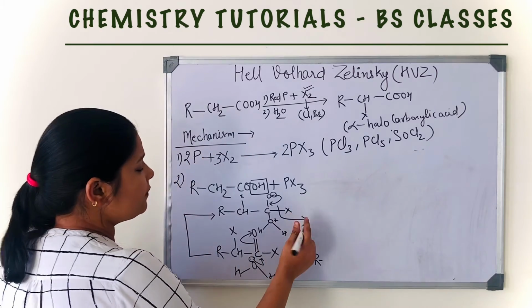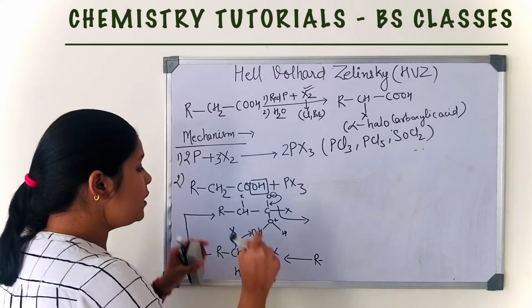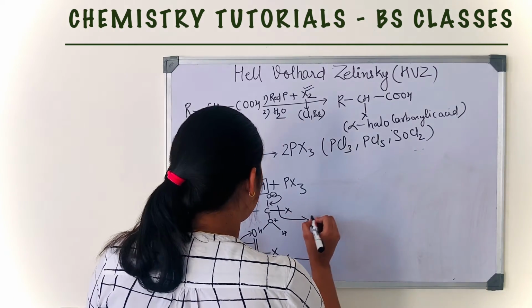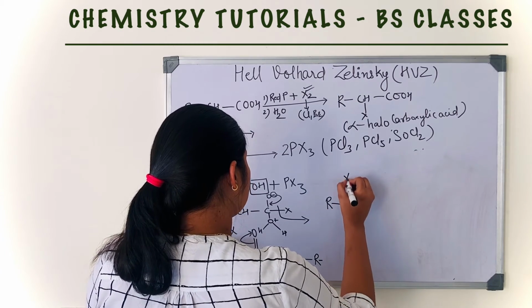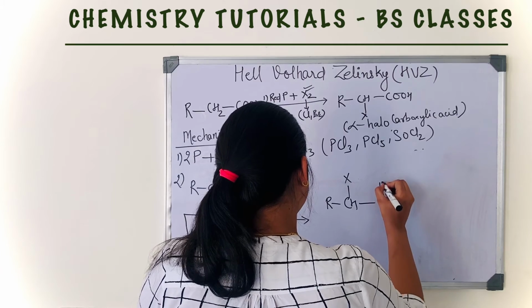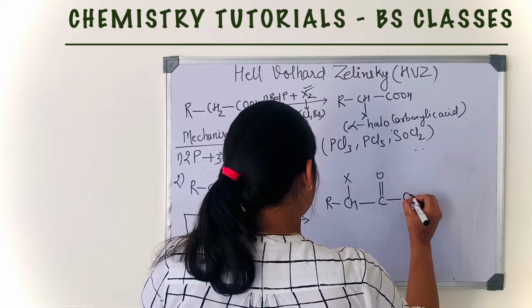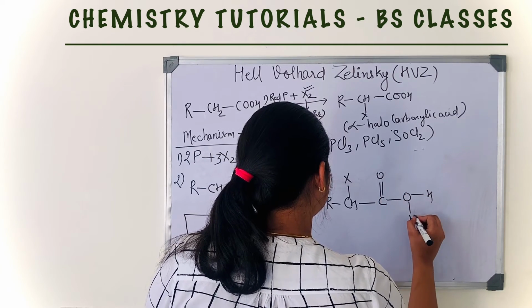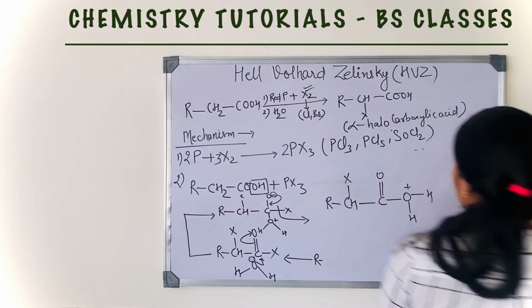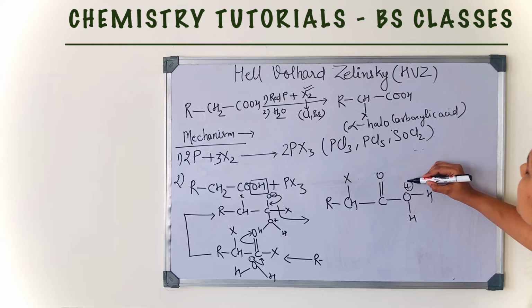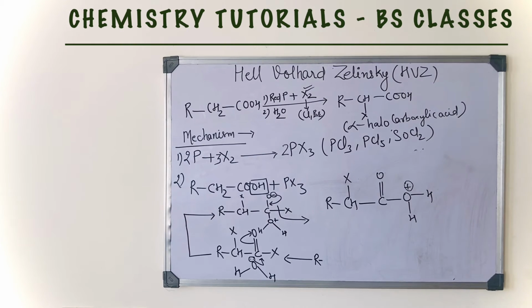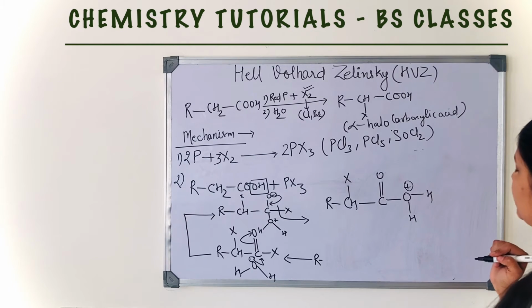When this halogen leaves, because halogens are very good leaving groups, it forms the product. Now oxygen is a highly electronegative atom, but it has a positive charge on it, so it's not possible for oxygen to carry a positive charge on it.